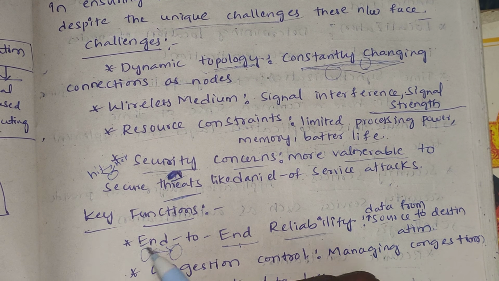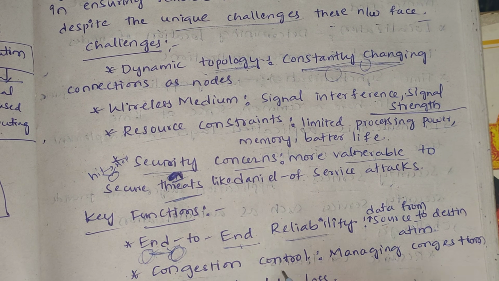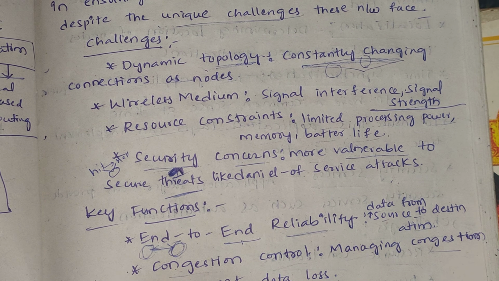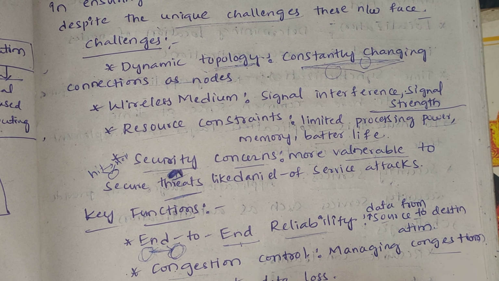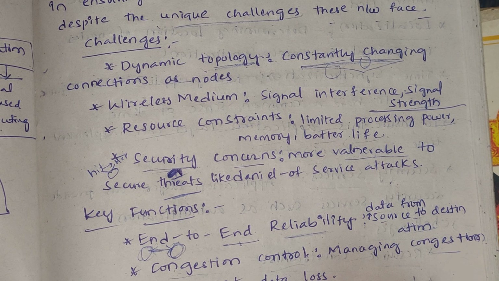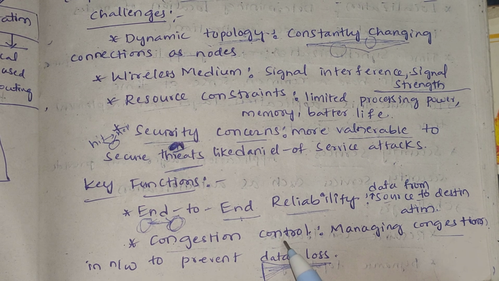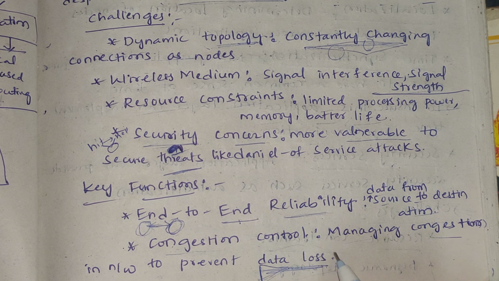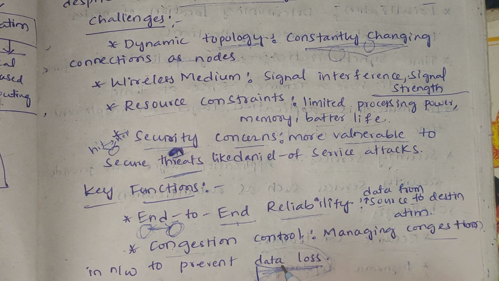The source node and destination node communicate with each other. Next, congestion control, which means managing congestion in the network to prevent data loss. In ad-hoc networks, packets of data might be lost. We discussed data loss in the form of packets in the previous videos.